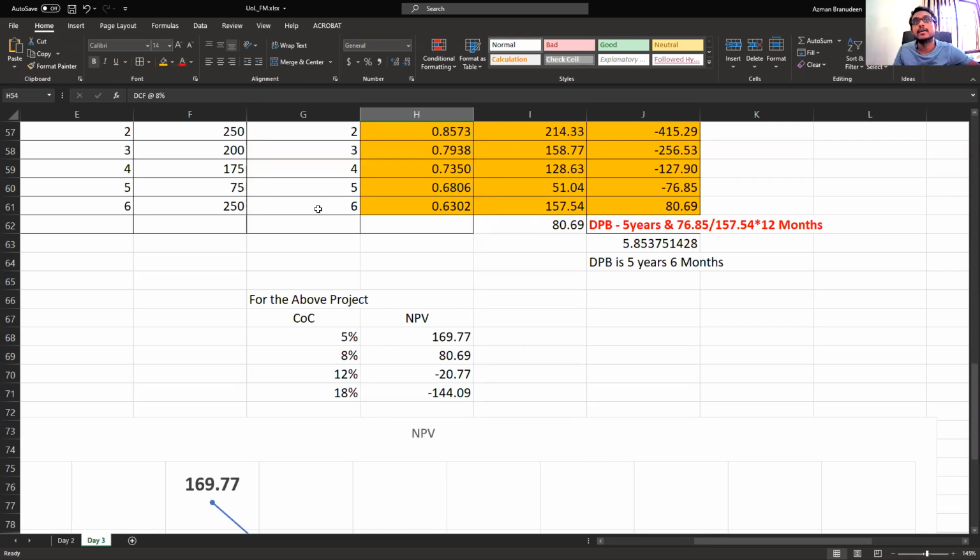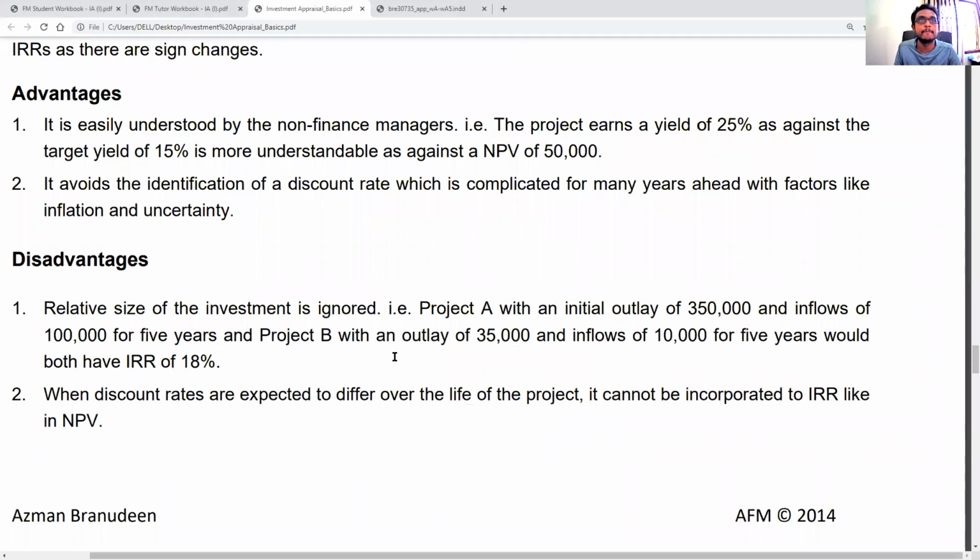So, this certainty of the cost of capital, the extent to which we can really rely on this number, is a disadvantage with payback and NPV techniques overall. Disadvantages: the relative size is ignored.